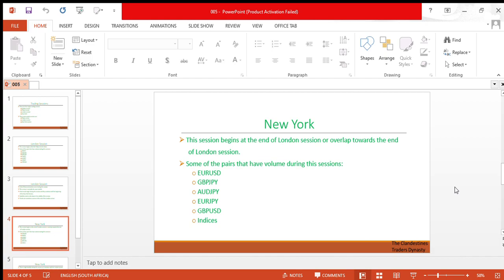New York session. This session begins at the end of the London session or overlaps towards the end of it. When London session comes to an end, New York begins, or sometimes they overlap.